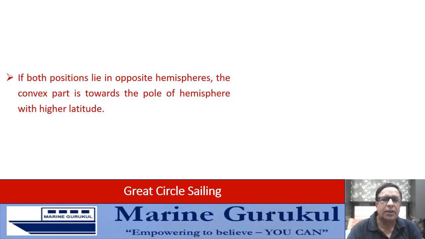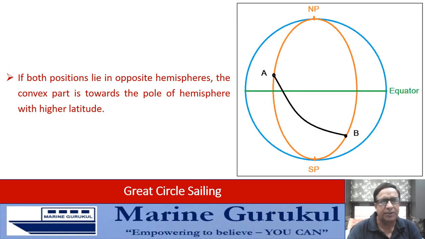Now, if both positions lie in opposite hemispheres, that means the departure and arrival positions do not lie in the same hemisphere, then the track shall curve and present its convex part towards the pole of the hemisphere in which the position has the higher latitude. Whichever of the two has the higher latitude, that particular pole would be the pole towards which the convex part of the curved track shall be presented.